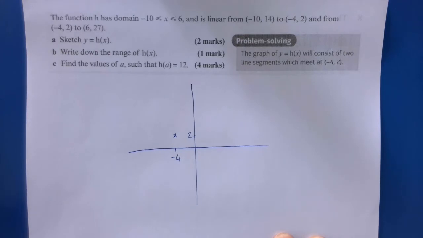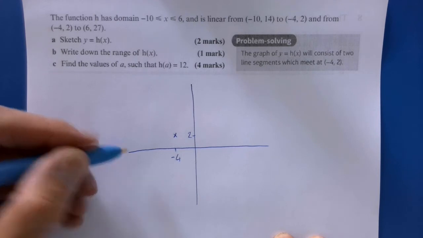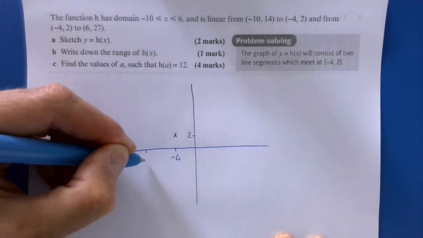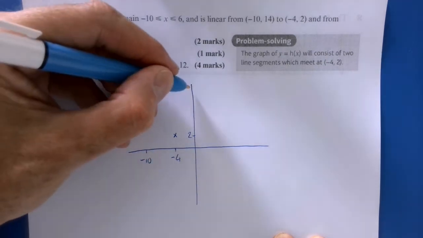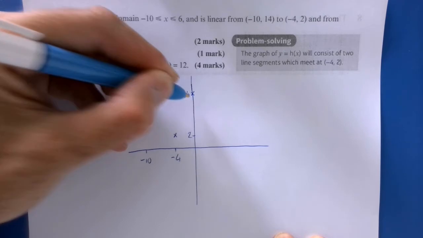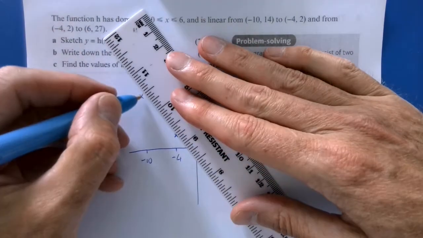And the graph goes in a straight line from minus 10, 14. Right, I'm already apologising because this clearly isn't going to be to scale, is it? Minus 10, well, 14 will be up here somewhere. So it's a straight line from there to there.